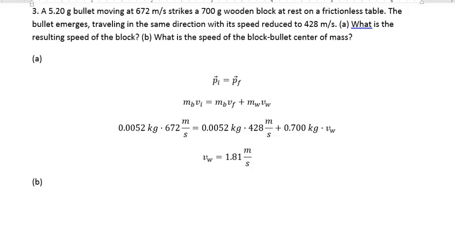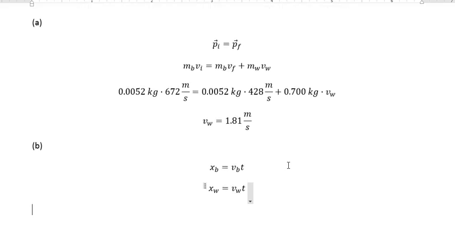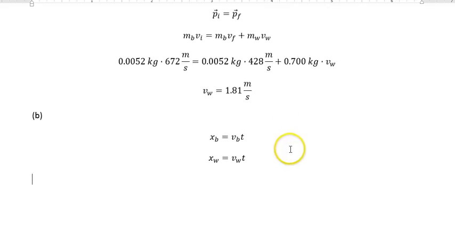Part B. What is the speed of the block-bullet center of mass? Okay, so where's the bullet? The bullet is at the velocity of the bullet times time. That's where the bullet is. The wooden block is at the velocity of the block times time. All right, that's where the wooden block is.